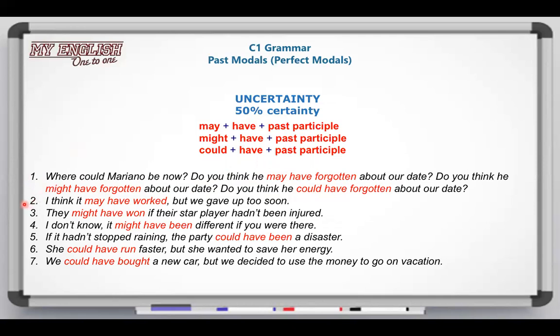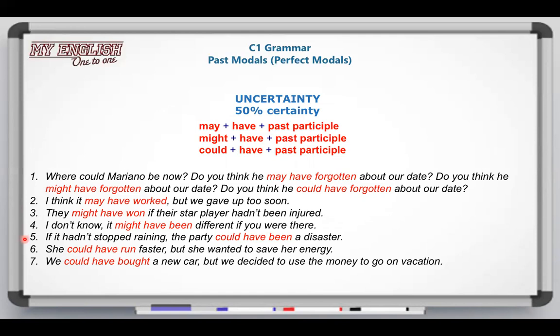Sentence number 2. I think it may have worked, but we gave up too soon. 3. They might have won if their star player hadn't been injured. 4. I don't know. It might have been different if you were there. 5.